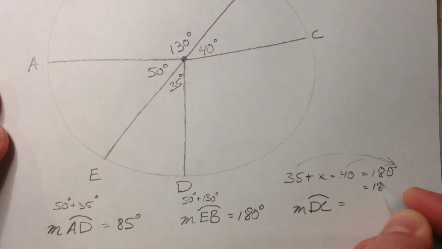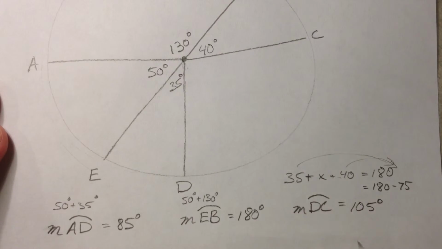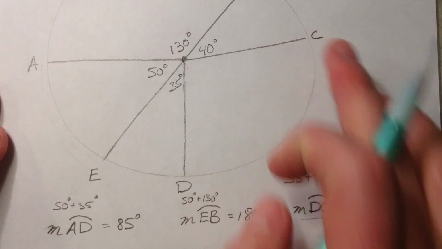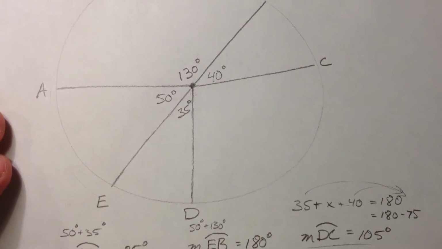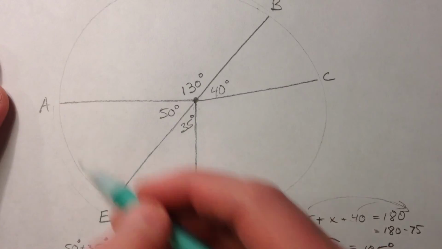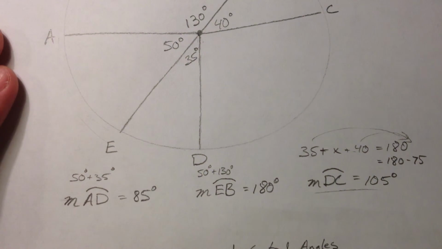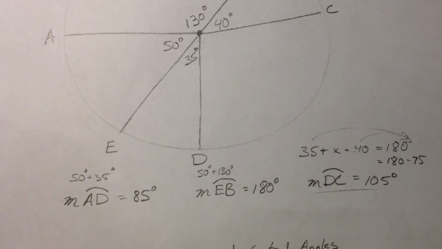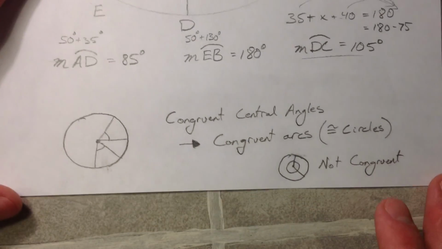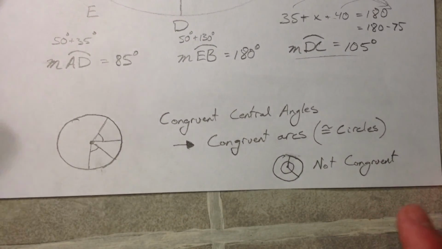So 180 minus 75 makes 105 degrees. And so that's the measure of arc DC. You can also find the measure of major arcs in there as well by just adding and subtracting from 360.